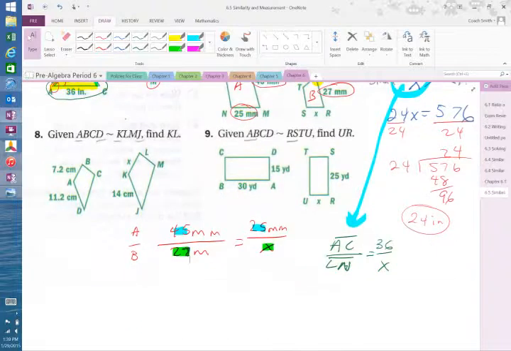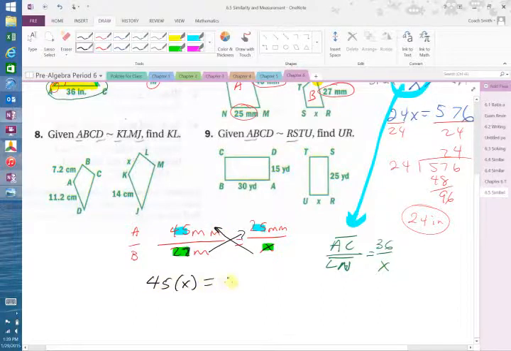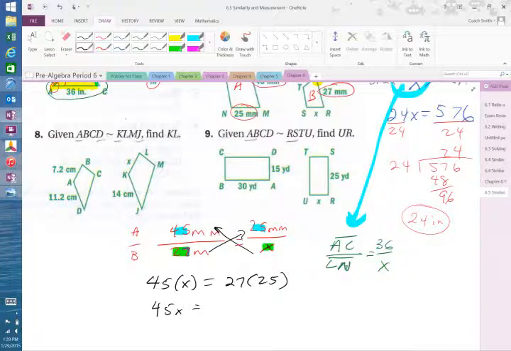Now we just do the same thing we've been doing. Cross multiply. So that gives me 45 times X is equal to 27 times 25. So that gives me 45X is equal to 675.